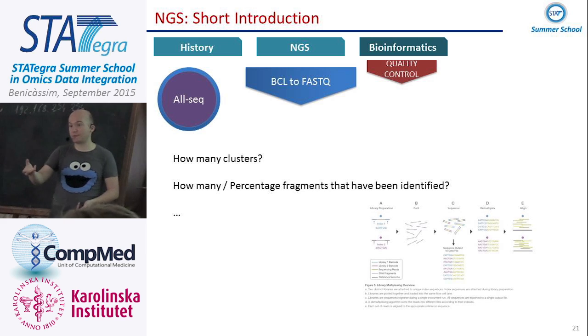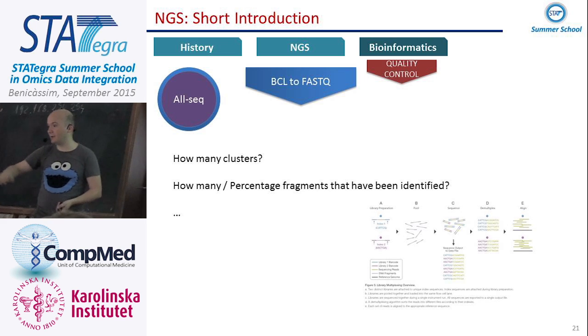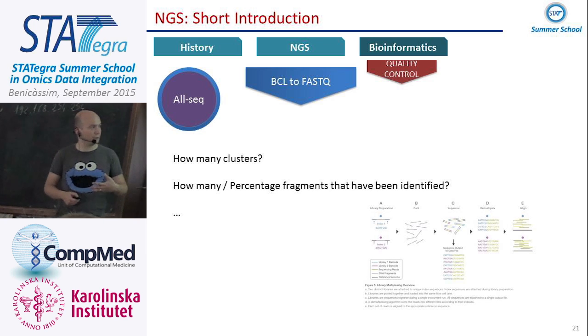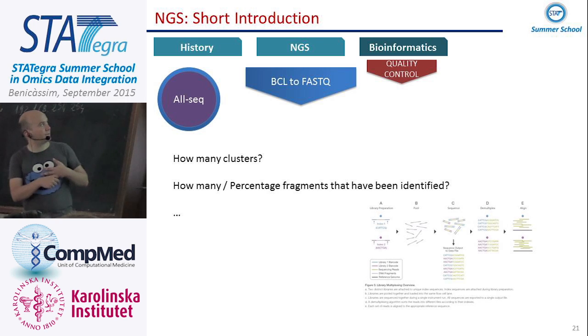Because maybe you have problems in recognizing the barcode, or problems with the chemistry and something has happened there. So you have the percentage of the fragments that has really been identified to the original sample. Those kinds of things are to be considered here. There are other ones. I will not talk about them, but some of them are also taken into account when we talk about the FastQ files.